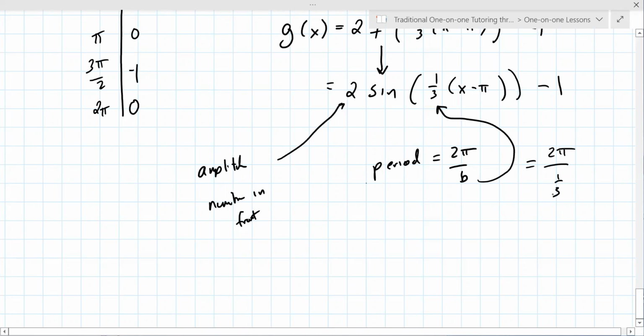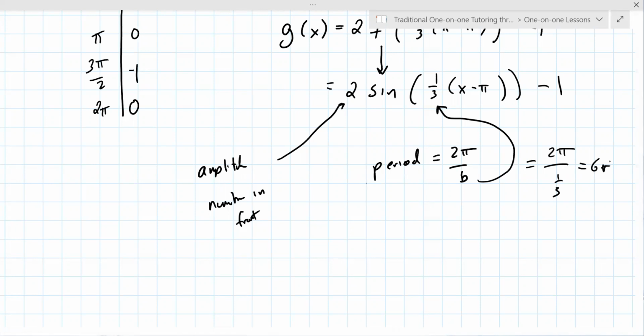So it would be 6 pi. Yes, 6 pi. You said it perfectly. It's really important to get that down, because you will get something like that on the test, I'm sure.